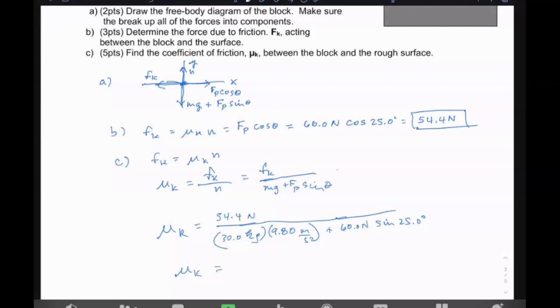And we get a result of 0.170 for the coefficient of kinetic friction. And that's the solution to problem number 1.